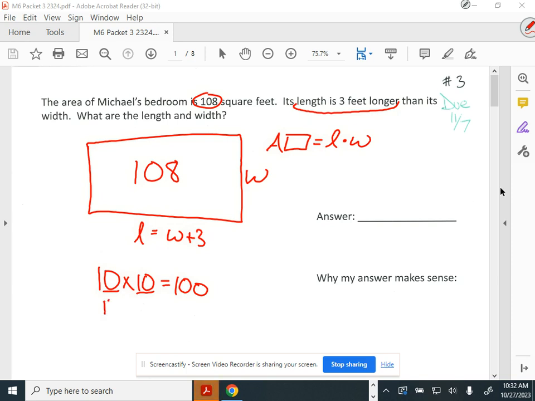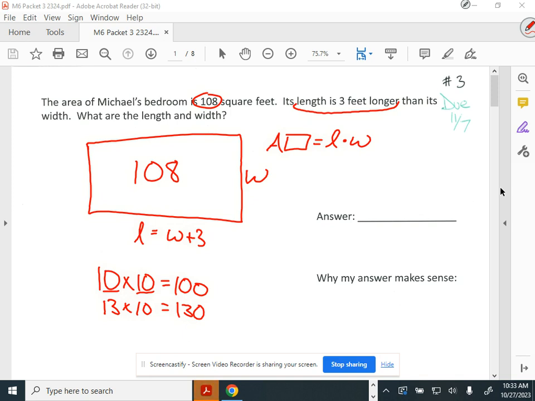So maybe I'll change it to 13 times 10, because that's 3 apart. But when I multiply that, I get 130. That's too high. So I know I need to go with smaller numbers that are 3 apart from each other, and when I multiply them together, I get 108 as my answer.